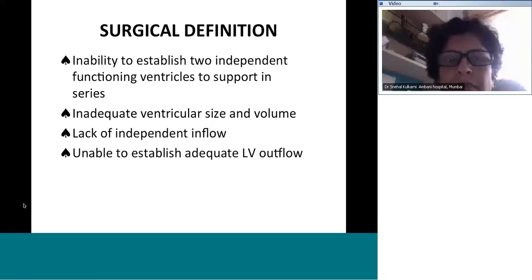Especially in double outlet right ventricle, or sometimes in transposition, your VSDs are in such a location that LV to aorta connectivity will not be possible.